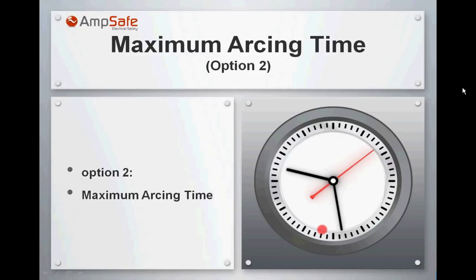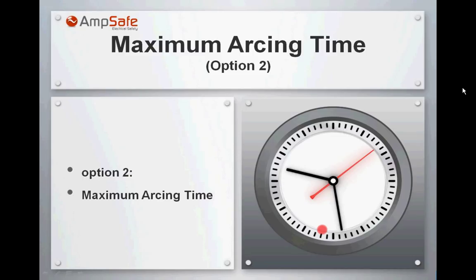Why? Because the arcing time depends on the arcing current and on the protection device that is protecting against that arcing current. So you have devices that are very fast for an arcing current, and devices that are very slow for the same arcing current.